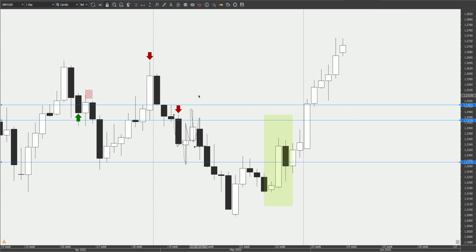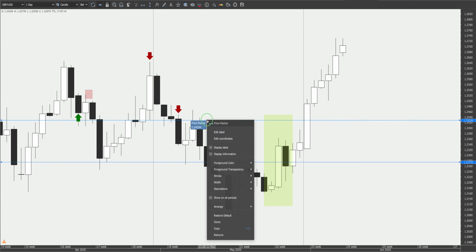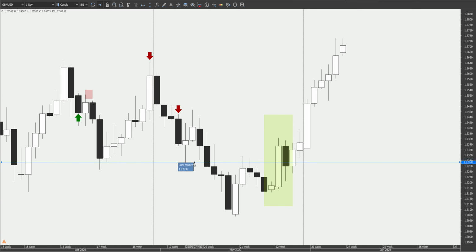This candle right here was an extra confirmation that the market now wants to target the next low. The market wants to go even lower, because of what happened here. I'm just going to get rid of this line here, this line here, and this line here.